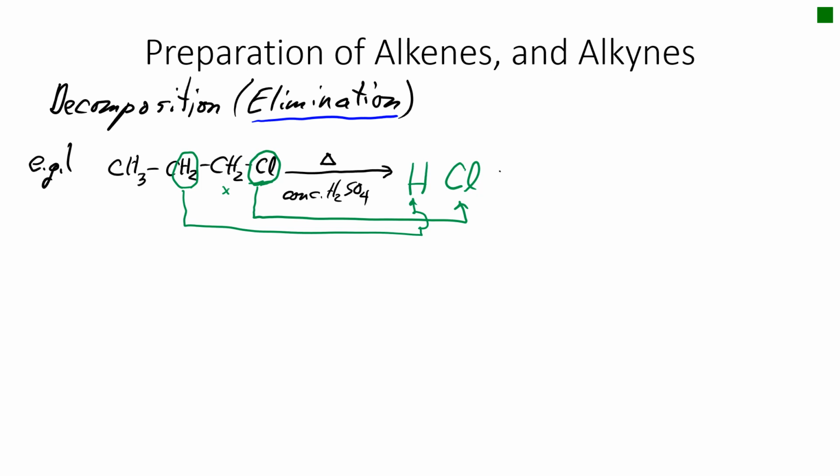Which means once we take out an HCl, a small inorganic molecule, we are left with CH3, C. Of the 2 hydrogens in the middle, we only needed 1, so we left 1 behind. And then on the right, we took the chlorine and we left the CH2.